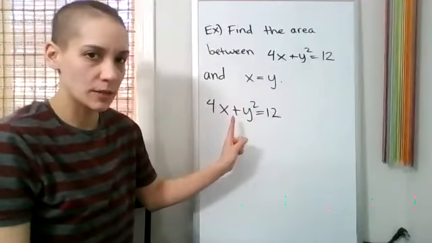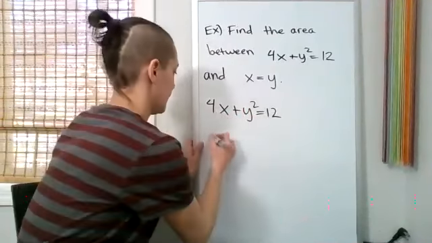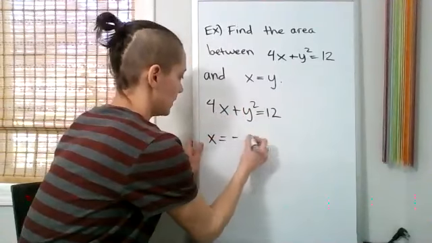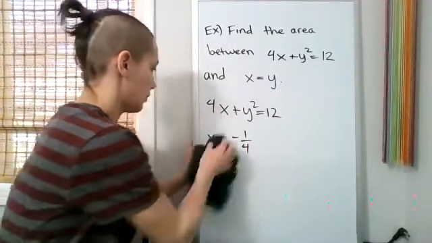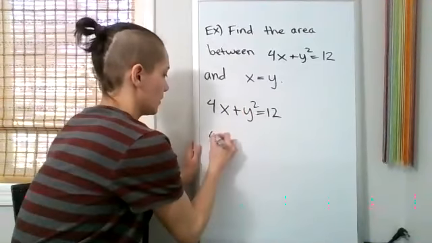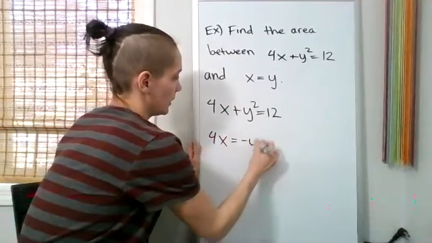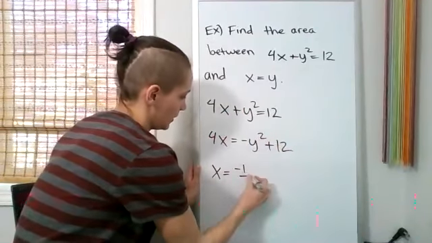So we're going to solve this equation for x. Well, let's just work through it. x equals negative y squared plus 12, over 4.